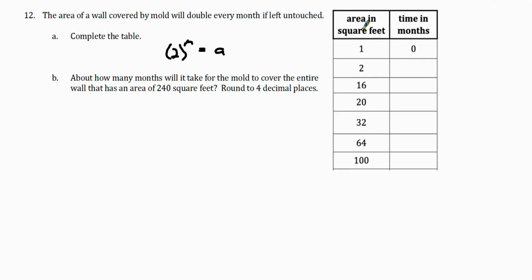So here we have to kind of think backwards. We have to think, okay, what exponent is going to get me this result? To do that, the easiest thing that we can do is rewrite this equation as a log. So I could say this would be the same thing as log base 2 of a equals m, right?